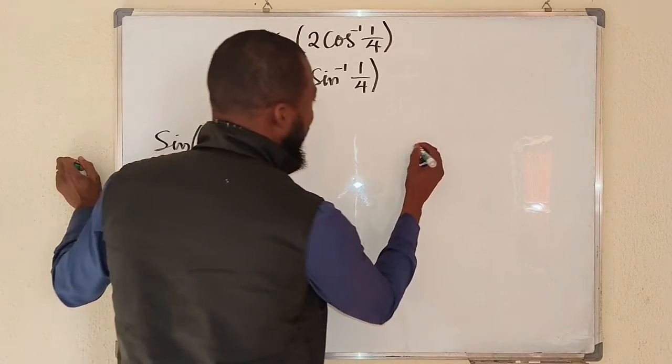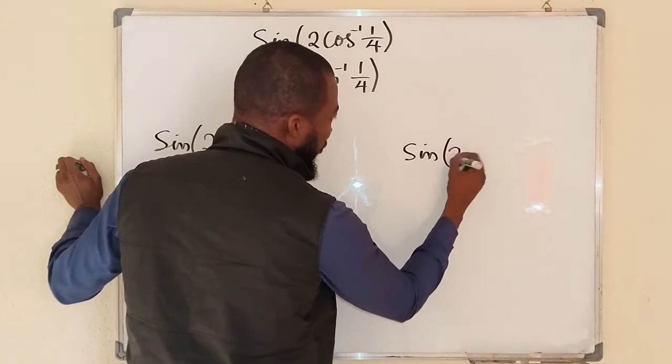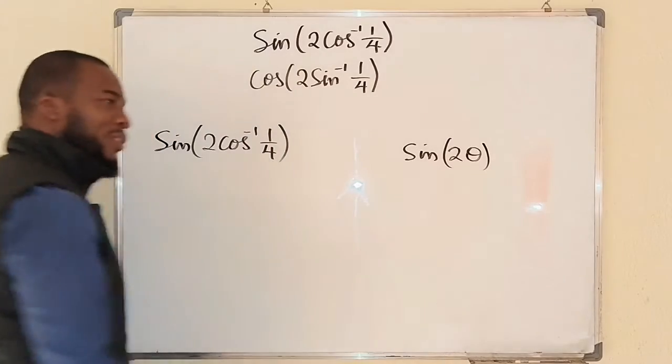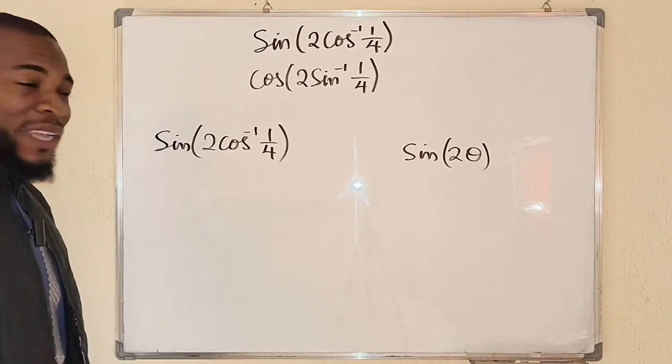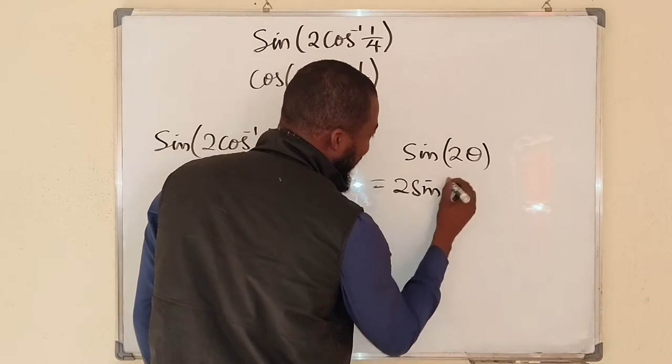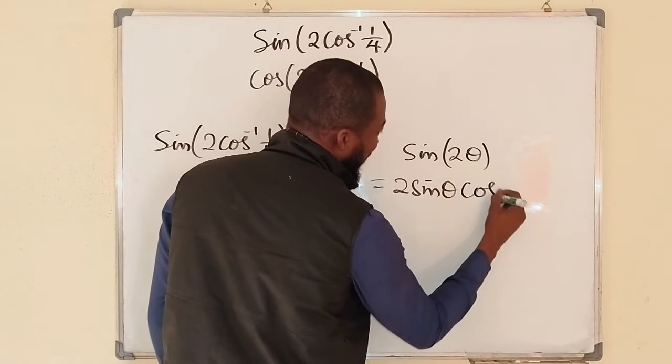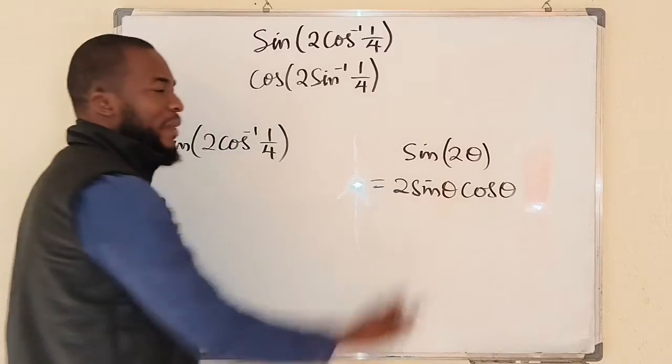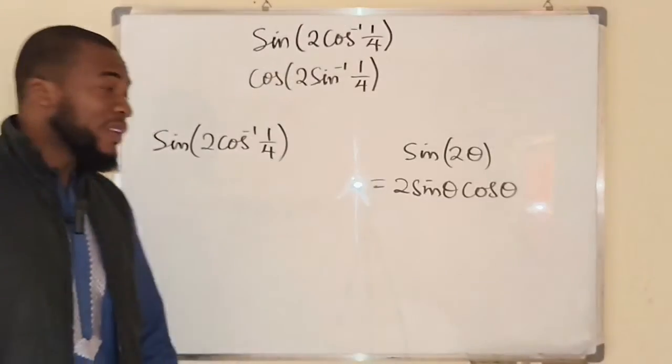If you have sine of 2 theta, this is the double angle identity for sine, which is the same thing as 2 sine of theta multiplied by cosine of theta. This is how to simplify the double angle for sine.